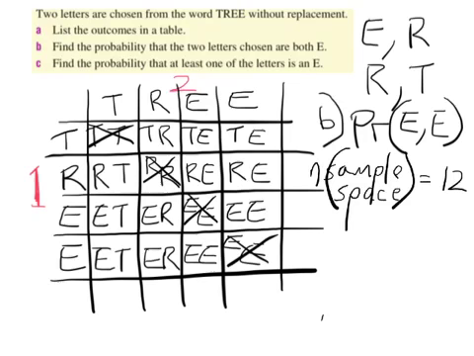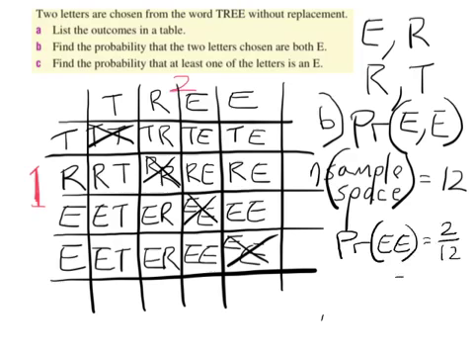From that we need to count up which ones are E and E. So we look, we have an EE here, EE here, no. So we've got two possible outcomes of getting the probability of picking out the letter E and E. So the way we write this then for part B is the probability of E and E equals 2 out of 12.